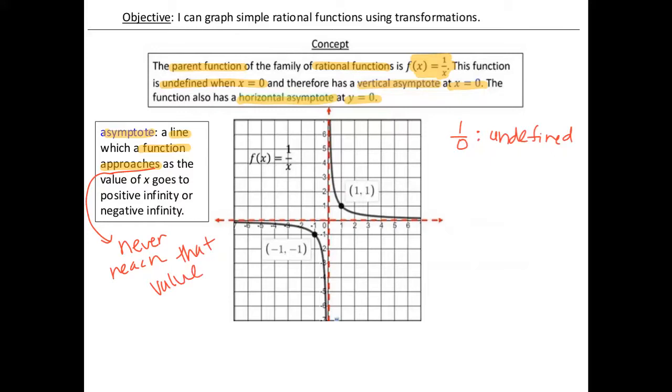So it's getting closer and closer to the line, but it's never going to actually touch or cross that asymptote. It's like a barrier. That's our wall. You're not allowed to cross that asymptote. It approaches it, but you can't touch it. It will never reach that value.